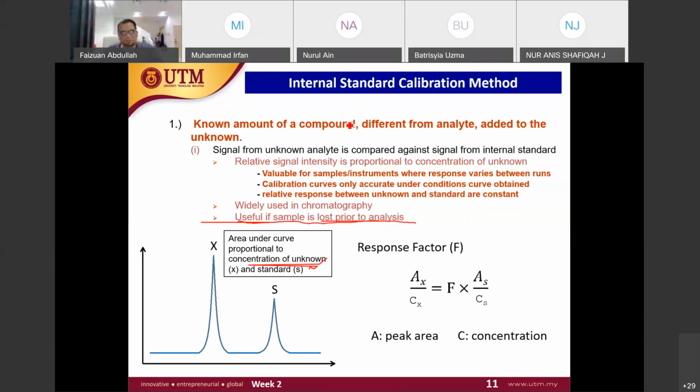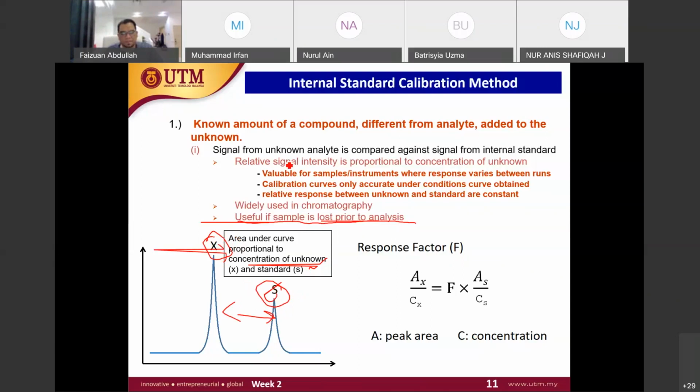What is meant by a known amount of compound different from the analyte added to the unknown? It means the standard that we put inside the sample is not similar to the peak that appears for the sample. This one is unknown, and this one is standard, so they will appear separately.